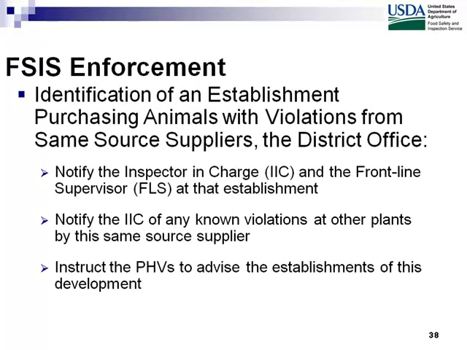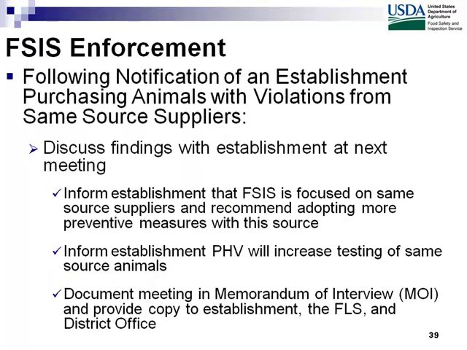In the case where you do have these establishments that have the repeat violators, then it's a chain of command that we follow till it gets to the district office, and so it starts with the inspector in charge, it goes to the frontline supervisor, and it doesn't really stop there.